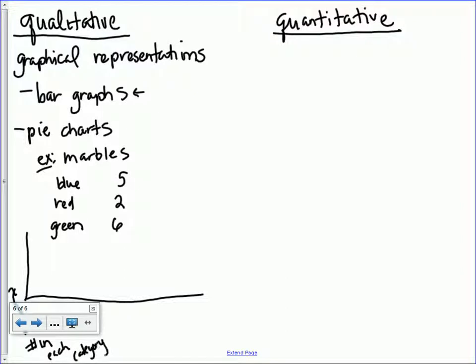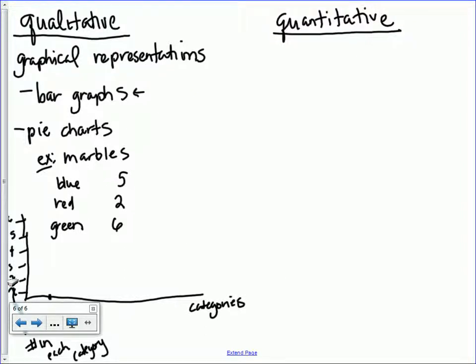category. So the y-axis is numerical, and it counts in an orderly fashion, so that if you have 1, 2, 3, 4, 5, let's say it goes up to 6, and then down here, this axis is the categories.